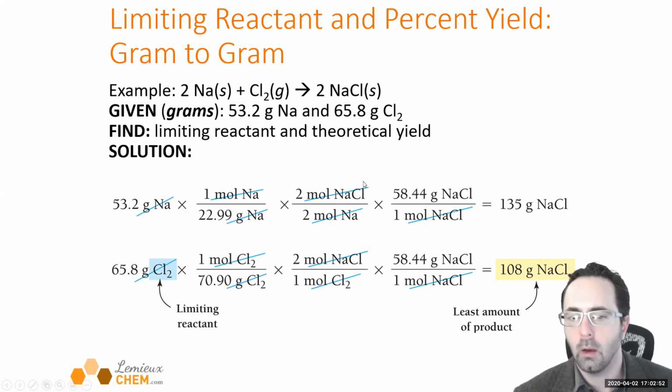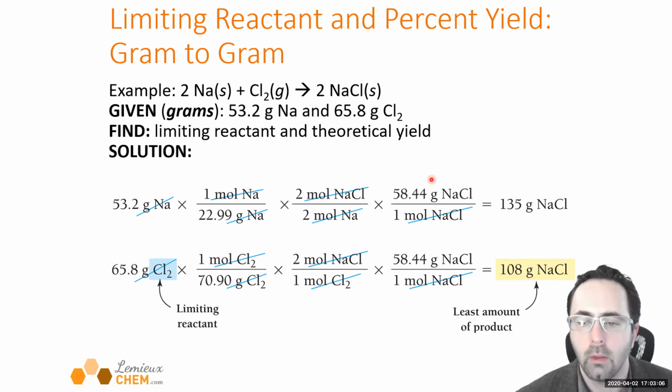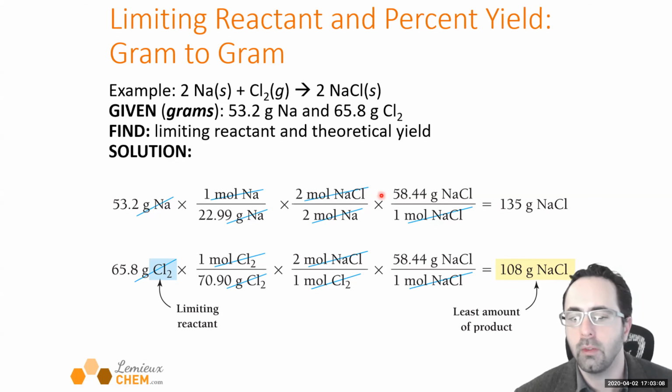Finally, step 3 goes from moles of sodium chloride to grams of sodium chloride. We use the molar mass of sodium chloride, with the mole of sodium chloride on the bottom so it cancels, and we get 1 mole of sodium chloride is 58.44 grams of sodium chloride.